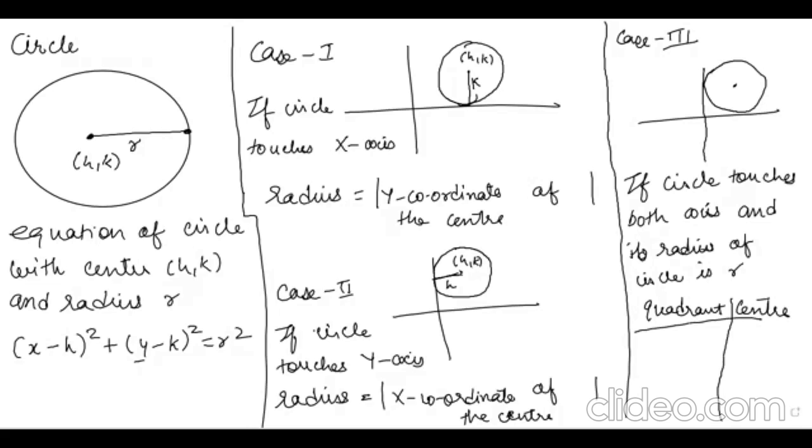we will have four different cases. If my circle is in the first quadrant and touches both the axes, then the center will be (r, r).